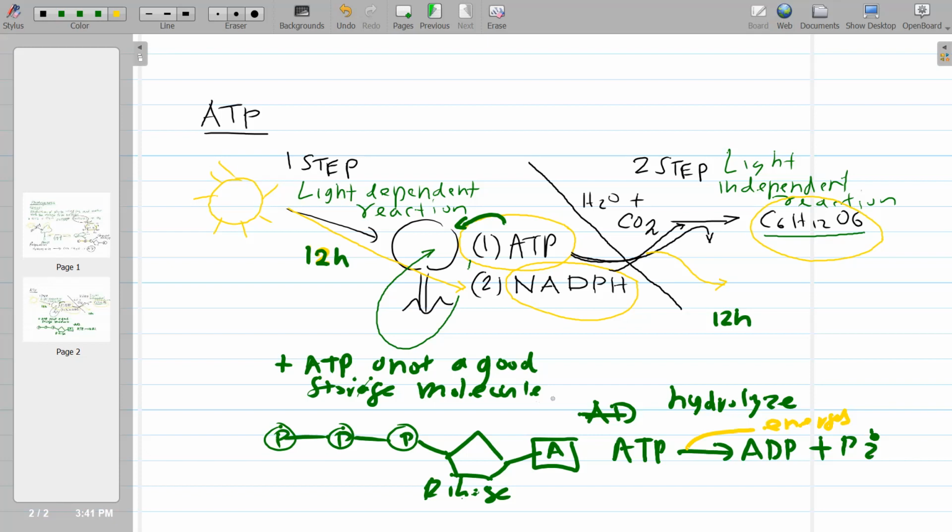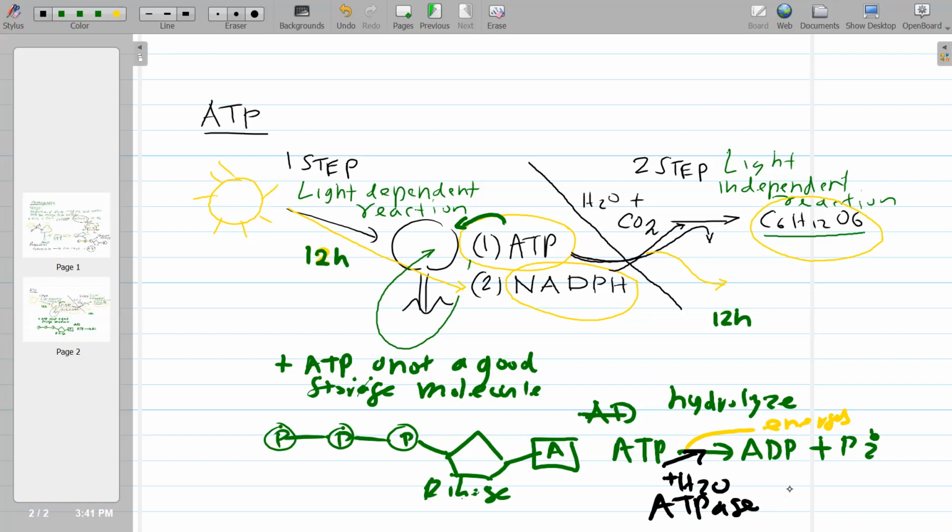Hydrolyze means, use your A-level knowledge, adding a water molecule. If a water molecule is added to the ATP molecule, the enzyme ATPase can quickly break it into ADP and phosphate.